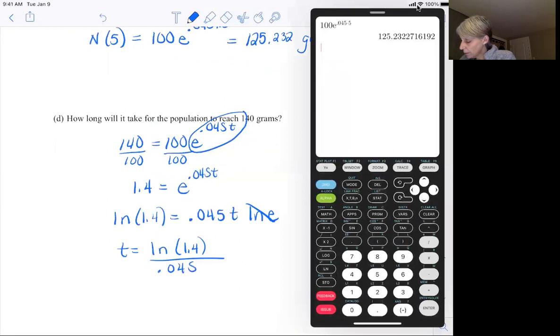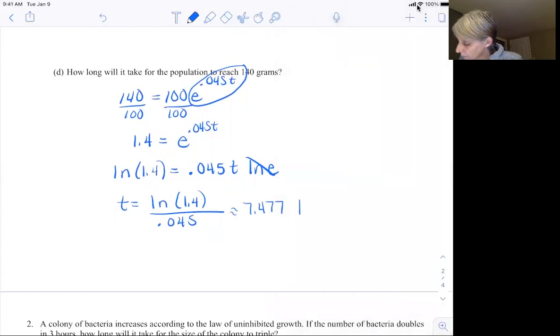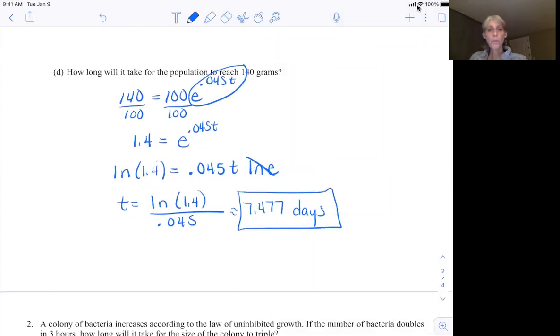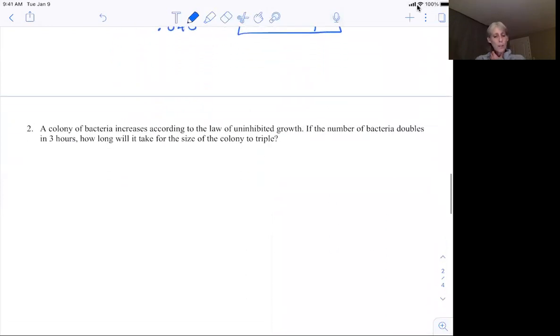So ln of 1.4 divided by 0.045, 7.477 days. These problems are fairly simple. Every once in a while, things might get a little tricky, but for the most part, they're straightforward and easy.